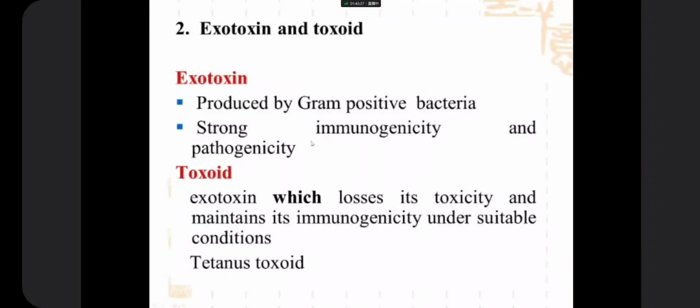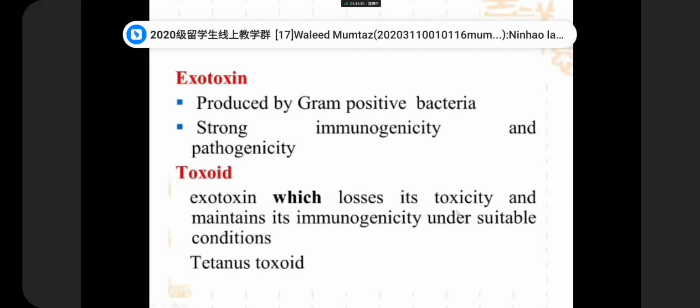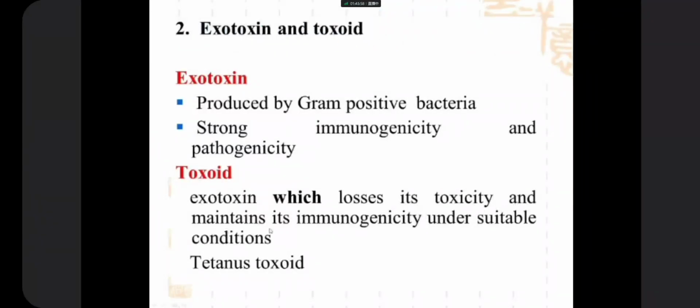Toxoid comes from the exotoxin. Toxoid is exotoxin which loses its toxicity and maintains its immunogenicity under suitable conditions.